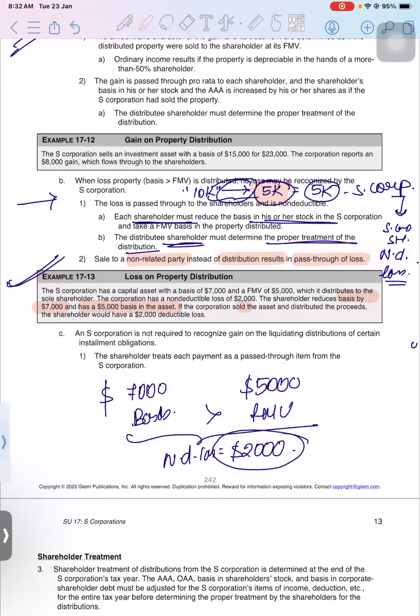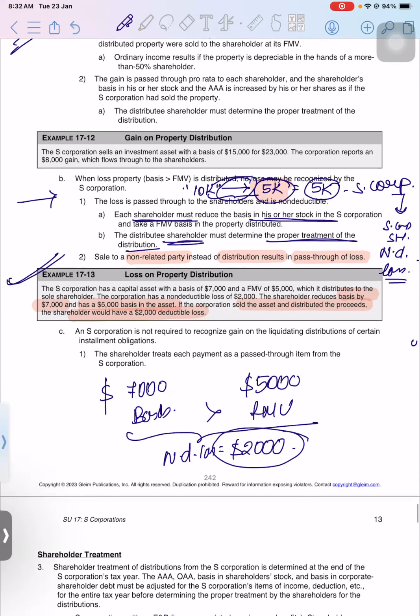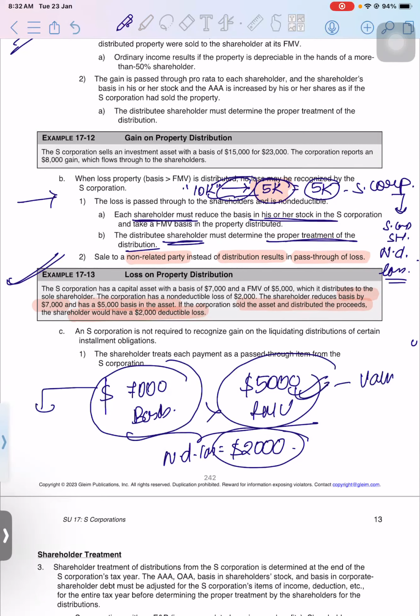Now if the corporation sold the asset and distributed the proceeds, the shareholder would have a 2,000 deductible loss. Here the corporation is not selling it. The shareholder is not paying any money. The shareholder is just receiving a distribution. So whatever was the basis of the asset, this will be reduced, and this FMV will be the value of that vehicle for that shareholder.